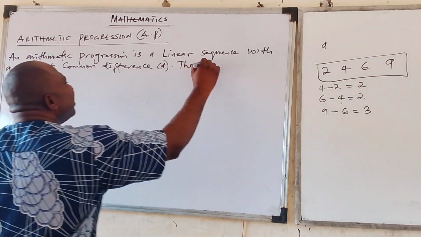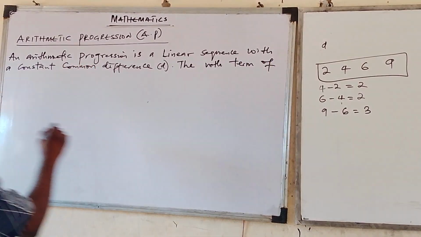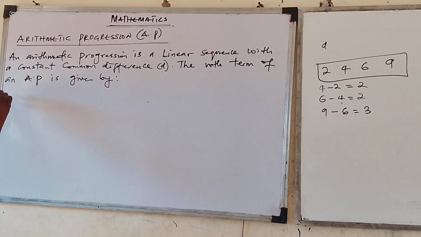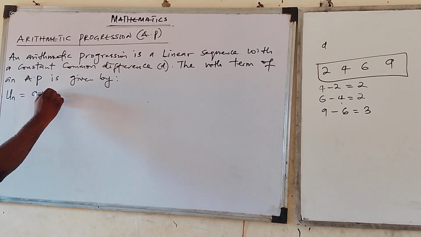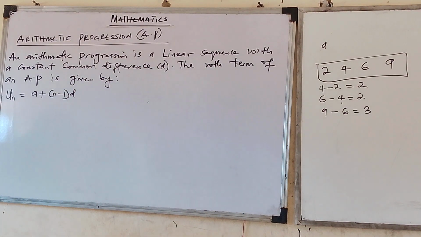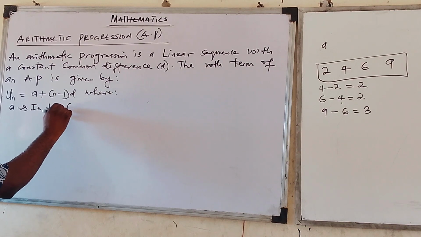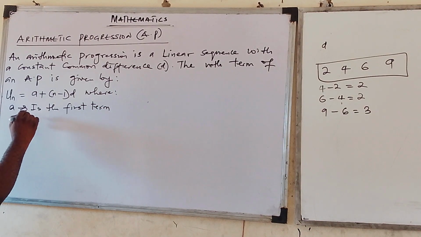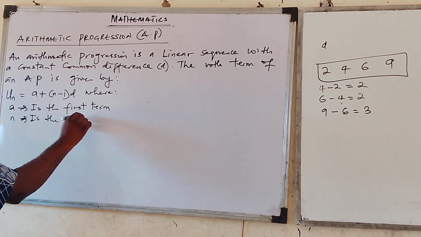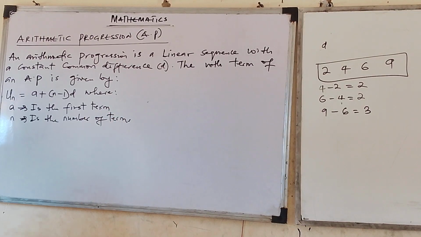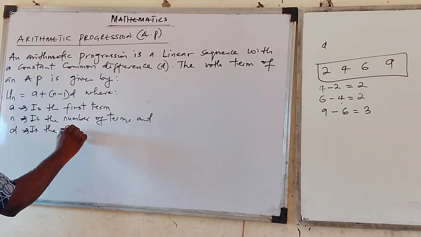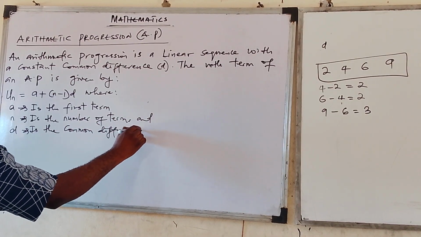The nth term of an AP is given by Un is equal to a plus n minus 1 times d, where a is the first term, n is the number of terms, and d is the common difference.